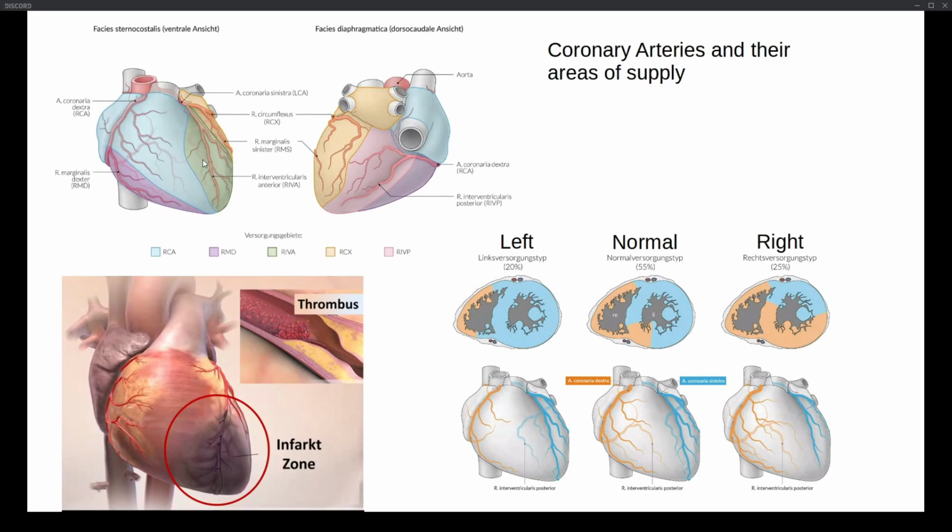Sorry. So it's actually interesting to know what area is normally supplied by which vessel. Though, again, these are blood vessels, so it varies. Over here, this is a little bit German again, so I wrote the English version of it above. Basically, you have normally three different types of blood supply.